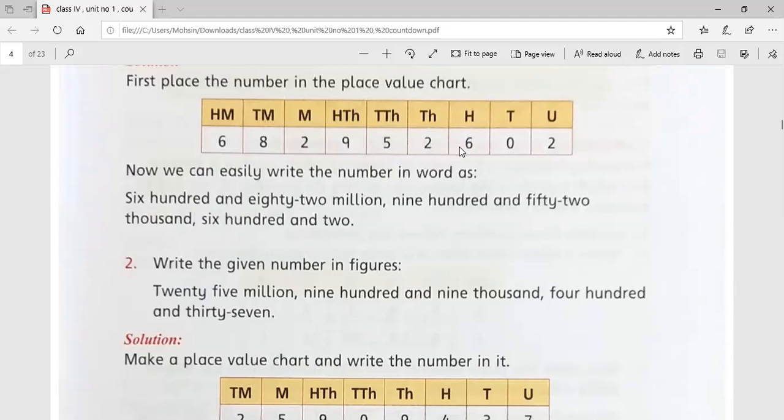Then come to the last 3 digits. In the last 3 digits, what do we have to write? Under 100, what do they write? 6. So first I write 600, and I have no tens here. The last one, the unit, is 2. So I write 602.